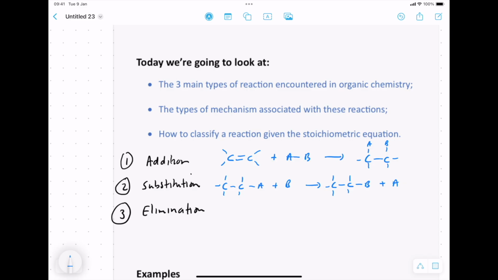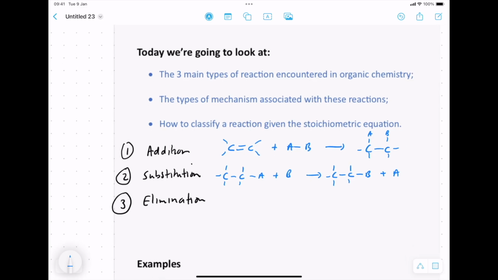And then elimination is actually related to addition, because addition involves the removal of a double bond, whereas elimination reactions produce a double bond. So, for example, dehydration reactions, cracking reactions. You start off with a saturated molecule, again only showing part of the molecule, so maybe it's got P and Q, two atoms attached to that saturated molecule, and then a double bond is produced, and molecule PQ leaves as one thing.